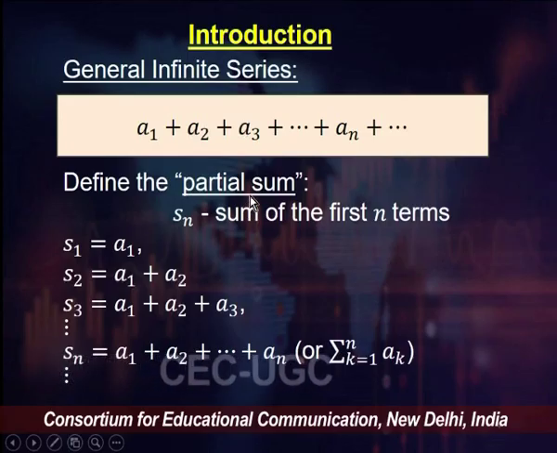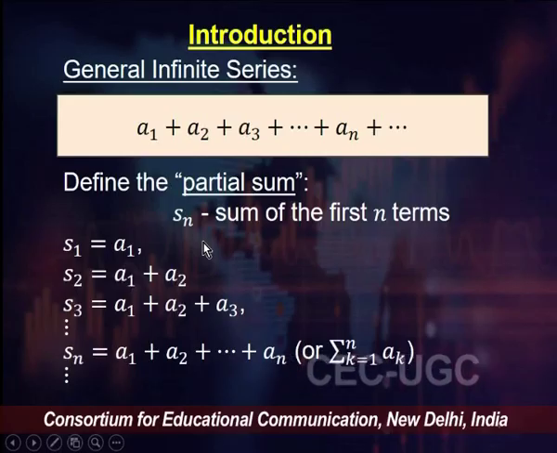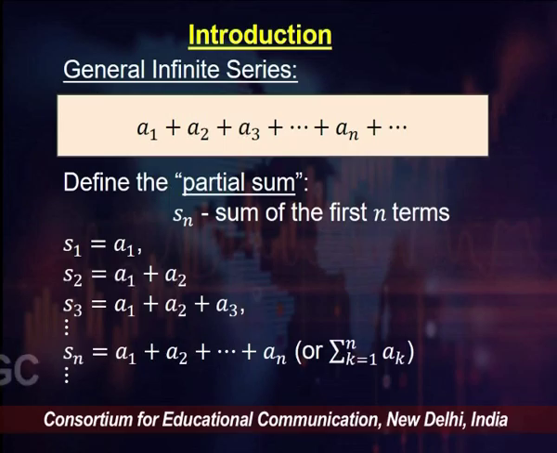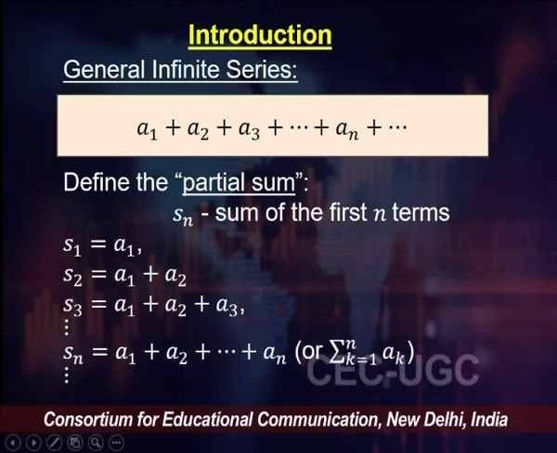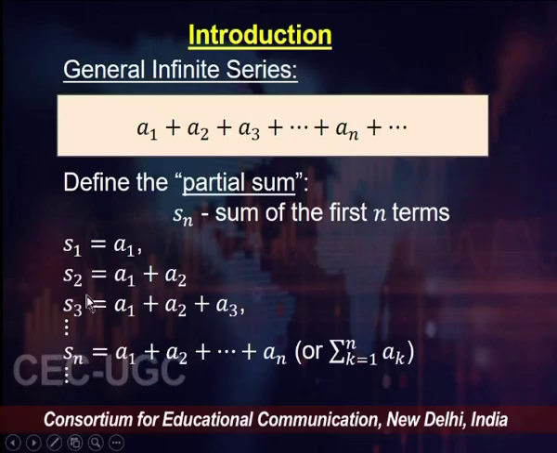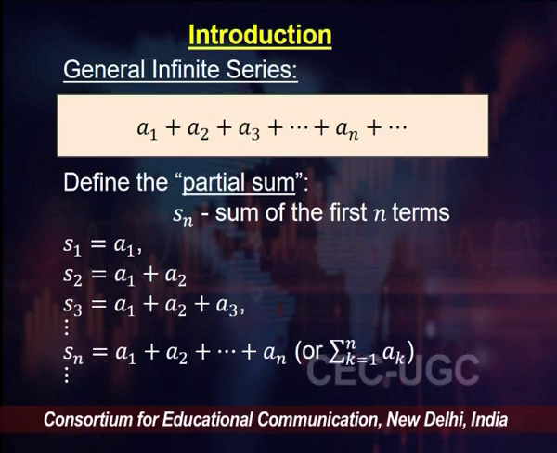A partial sum is denoted by S sub n, and it represents the sum of the first n terms in the series. So, for example, if n is equal to 1, S sub 1 will simply be A sub 1 itself, S sub 2 will be the sum of the first two terms, so A sub 1 plus A sub 2.